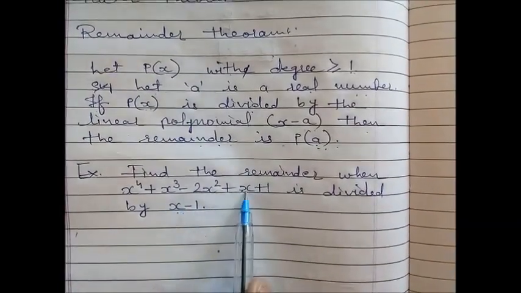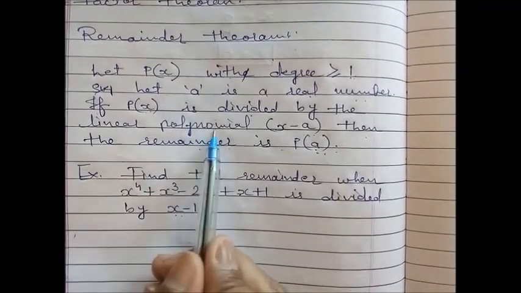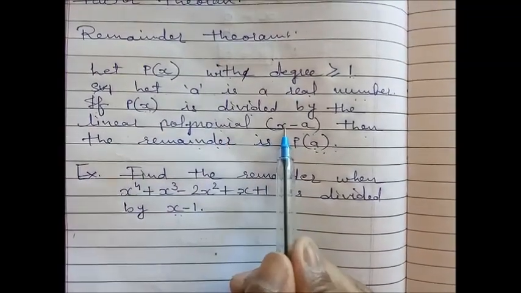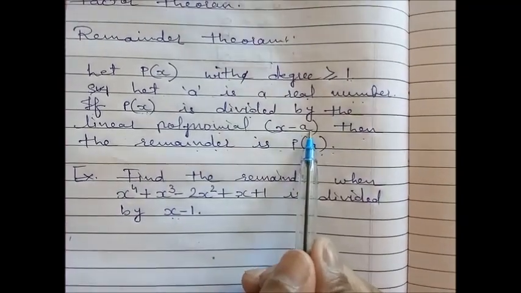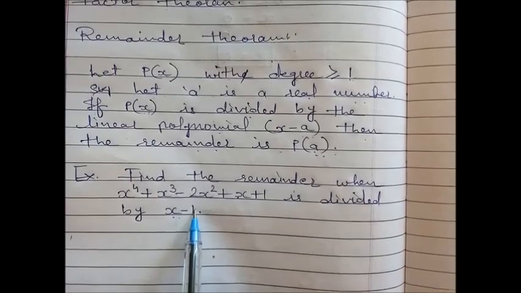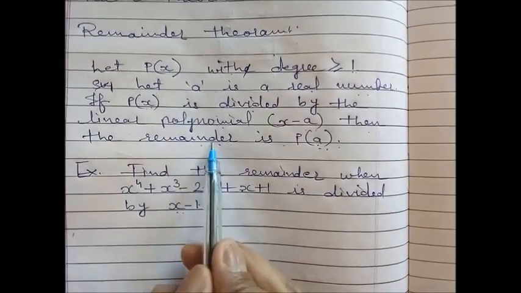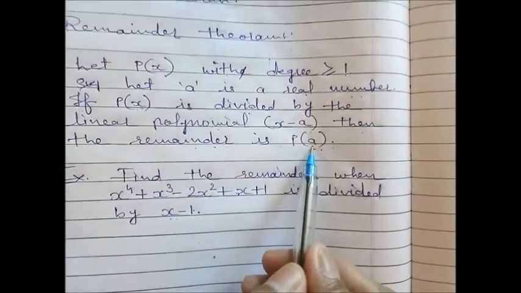Now according to this remainder theorem, compare this remainder theorem and this question, right? Now this polynomial is our p of x, right? Now it is divided by a linear polynomial, that means x minus a. Here we have to divide by x minus 1, which is a linear polynomial. Now that time the remainder will be p of a, right?